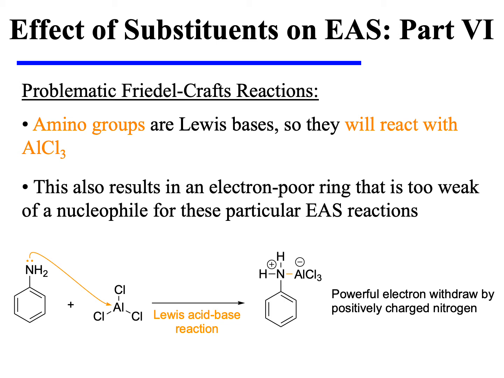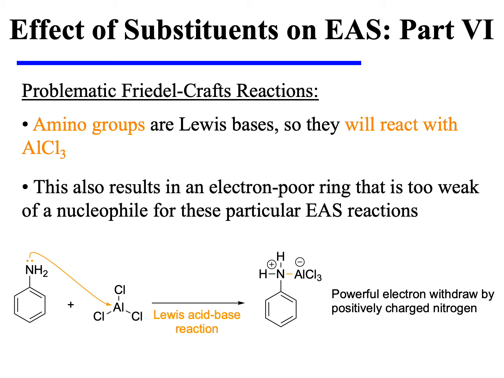Amino groups are also problematic in regard to Friedel-Crafts reactions. Amino groups are Lewis bases, so they will react with the aluminum trichloride that is utilized in a Friedel-Crafts alkylation or acylation. The resultant Lewis acid-base complex also results in an electron-poor ring.